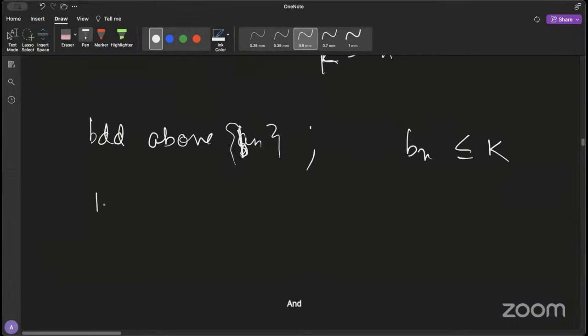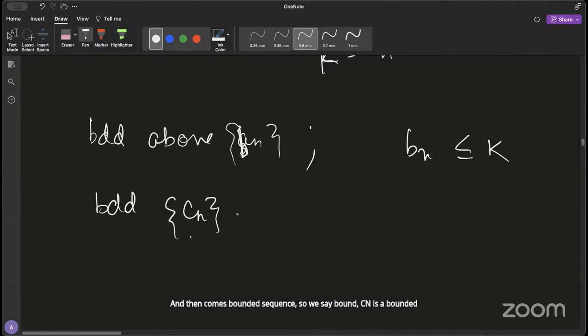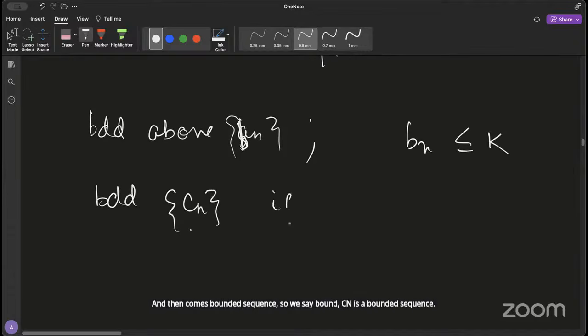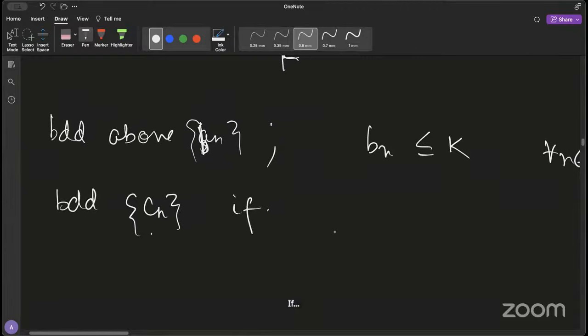And then comes bounded sequence. So we say Cn is a bounded sequence if Cn is both bounded below and bounded above.